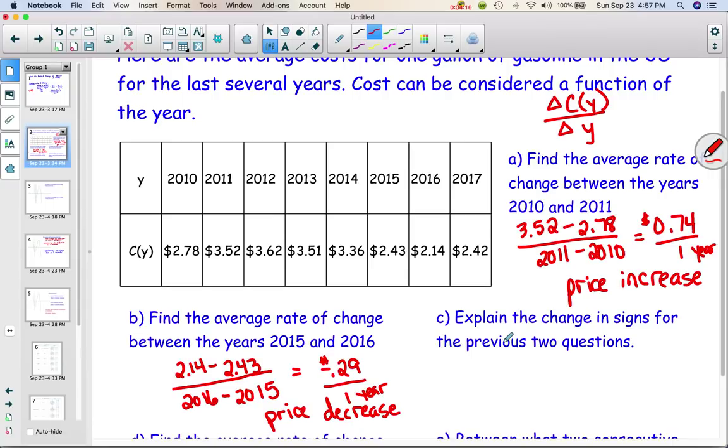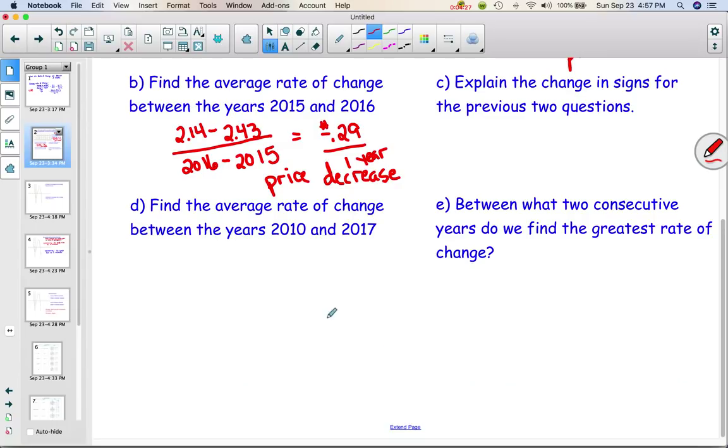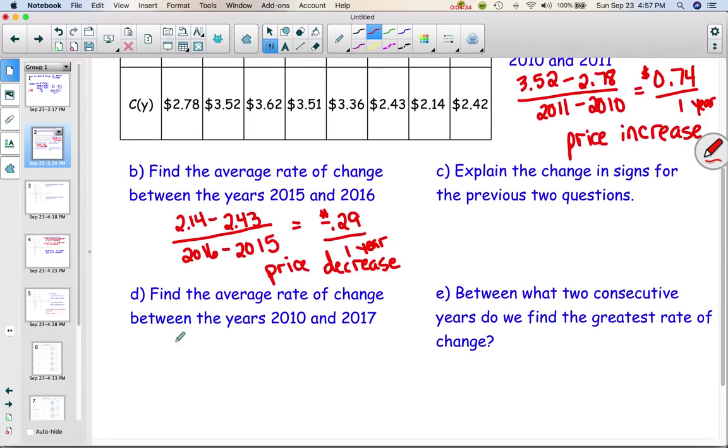Okay, so now let's find the average rate of change over this whole period, so from 2010 to 2017. So we're going to take 2017, we had $2.42. And in 2010, we had $2.78. And we're going to take 2017 minus 2010.